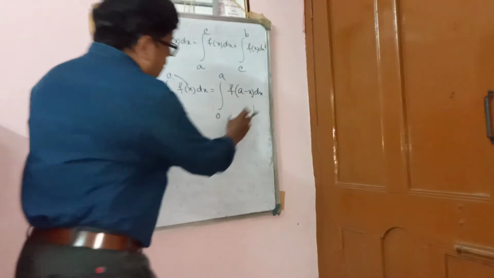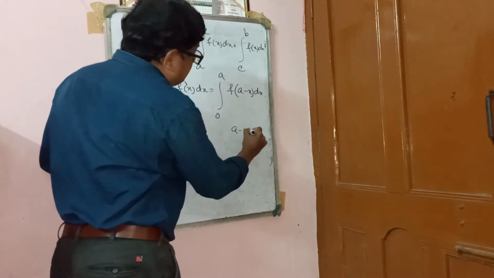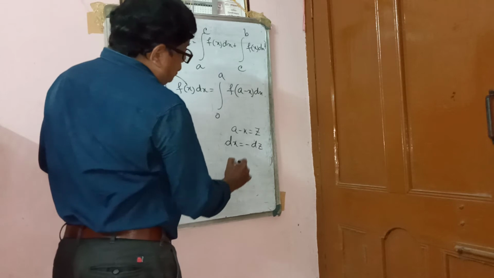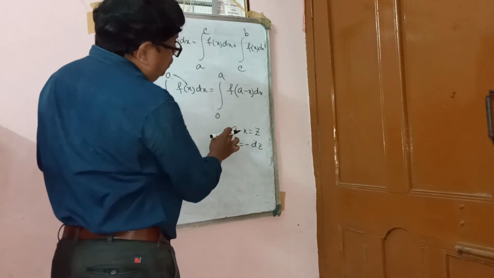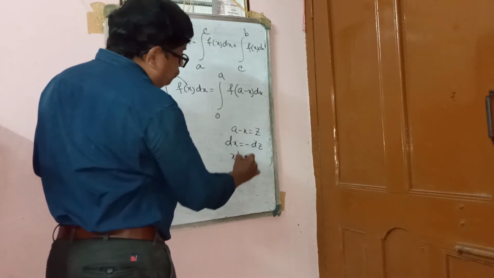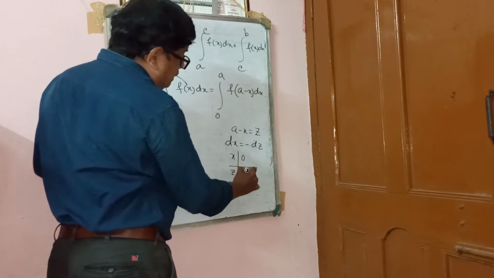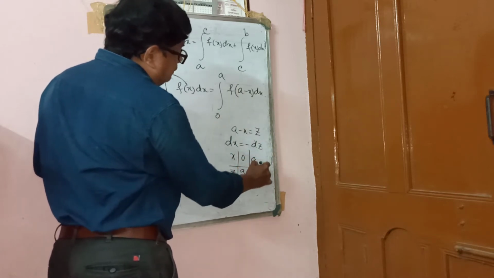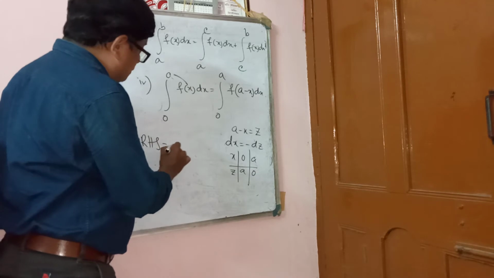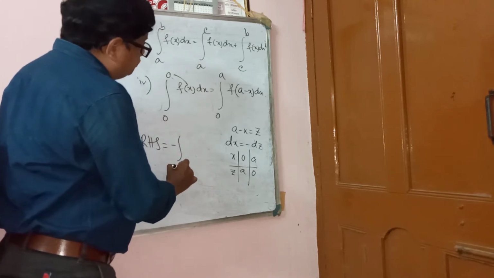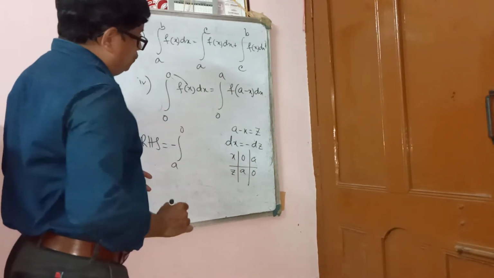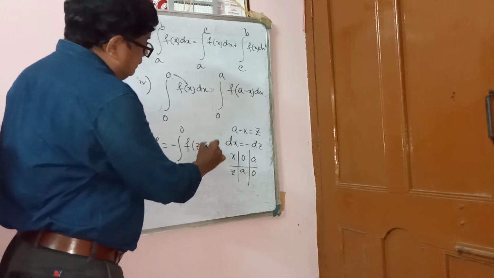How to prove it? Look here. Suppose a minus x equals z, then dx equals minus dz. If x equals 0, then z equals a. If x equals a, then z equals 0. So the right hand side becomes minus integral from a to 0 of f of z dz.